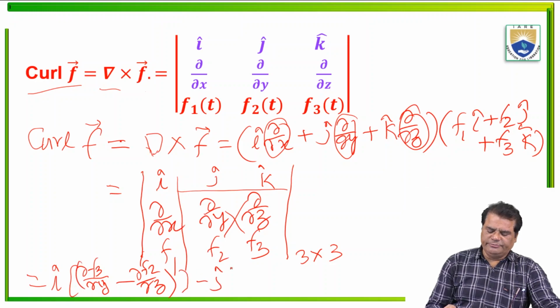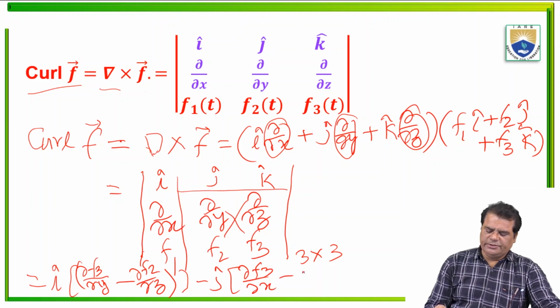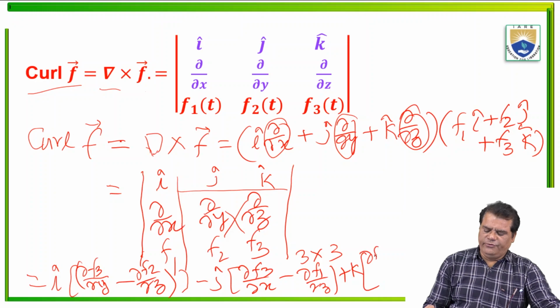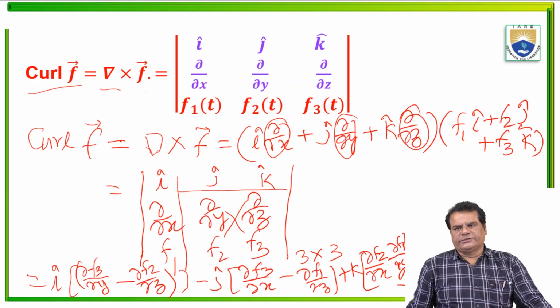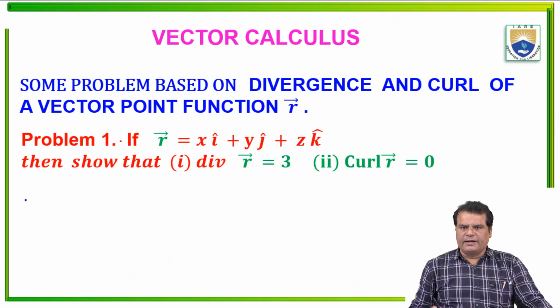And minus j, second, this cancels: dou f3 over dou x minus dou f1 over dou z. Plus k, this cancels: dou f2 over dou x minus dou f1 over dou y. This is the solution, del cross f. This is known as curl f.